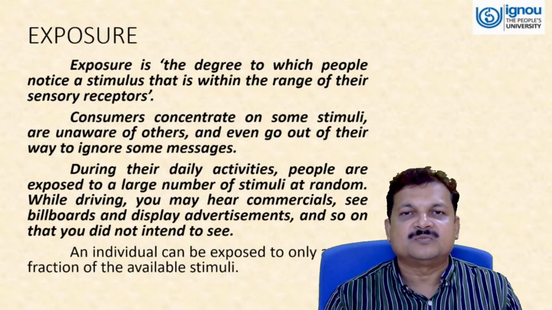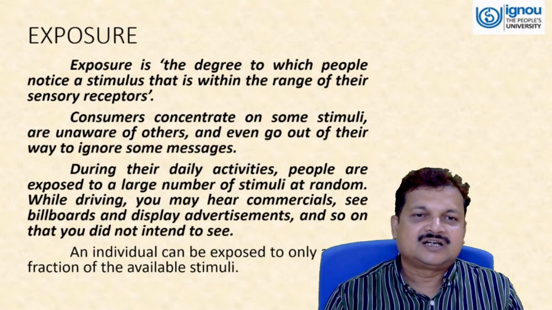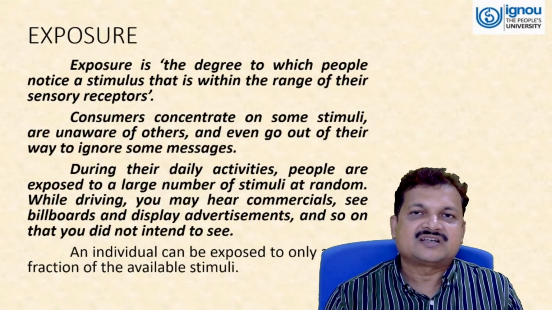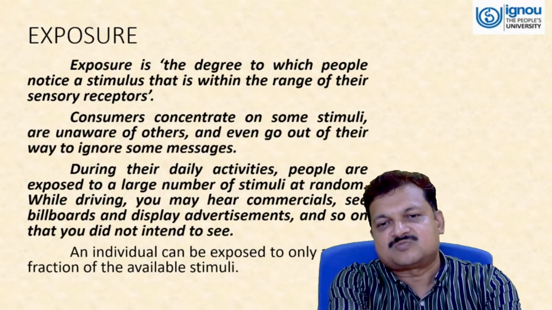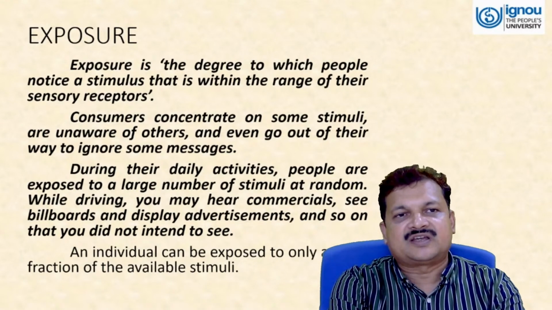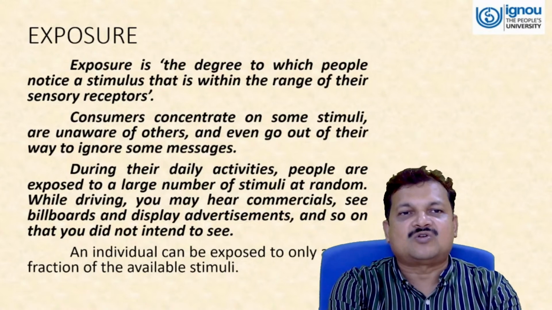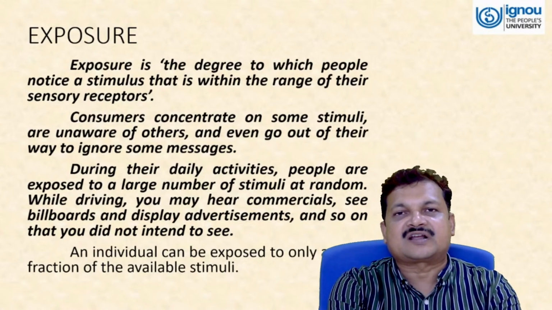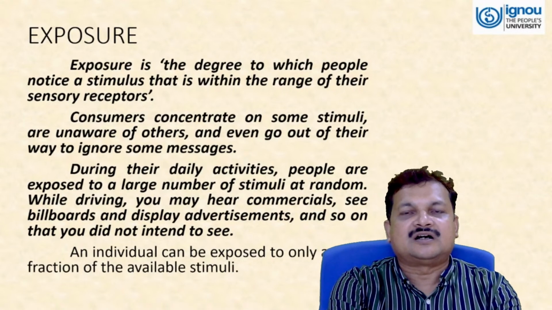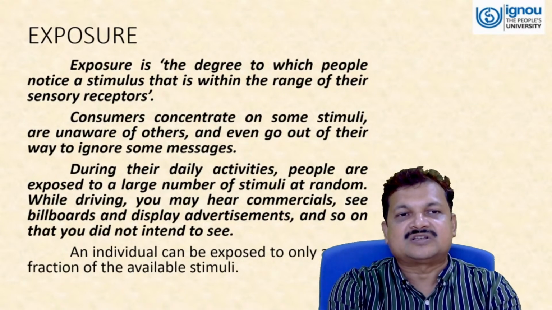I told you about the SR model, the stimulus-response model. In that model, the exposures are all stimuli. All the stimuli are not recognized by our senses. All five senses are not recognizing them.